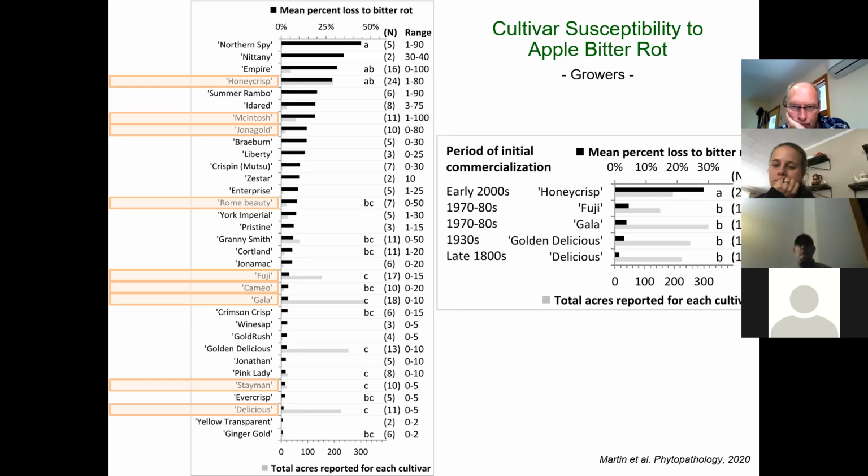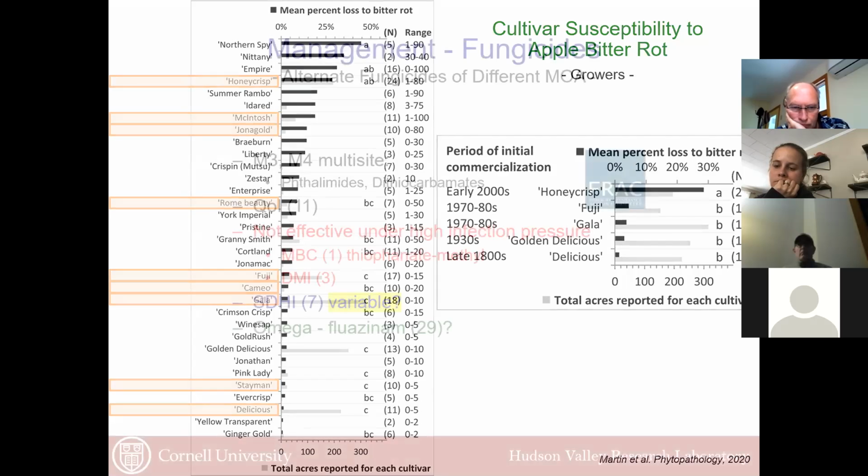Which goes to say that with the increase in acreage of Honeycrisp, there's this perfect monoculture niche that allows these fungi to really move in and create problems. So we think that one of the crucial factors that allows bitter rot to become a larger problem in recent years is the widespread planting of Honeycrisp as the most susceptible cultivar. However, that's not the only factor. There are other factors playing into it as well.